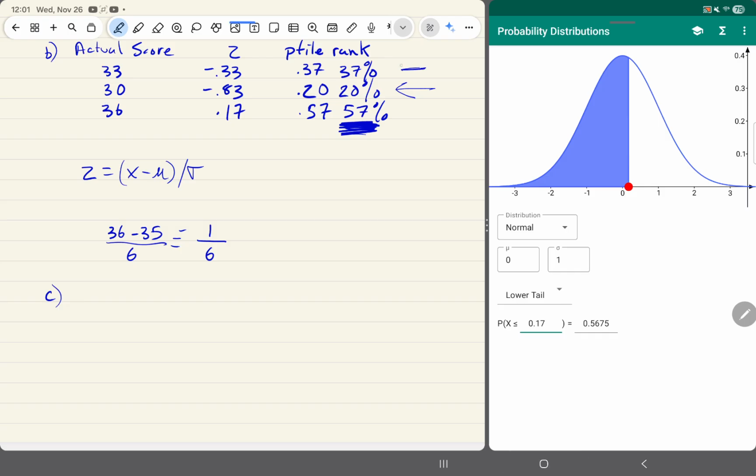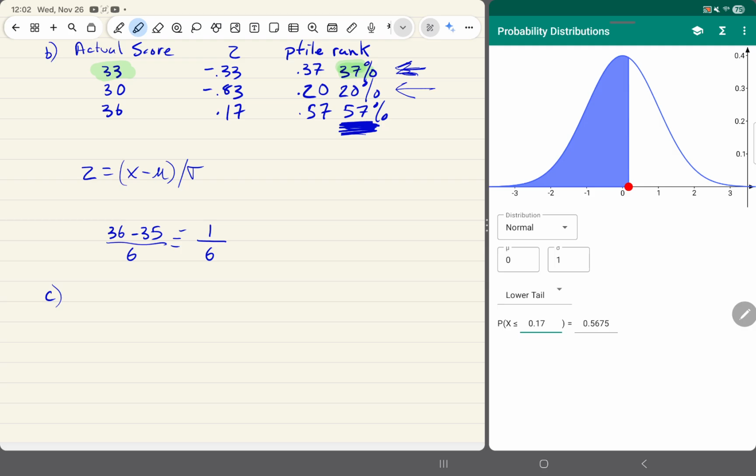And finally, this one over here, 37% of our students scored a 33 or less on the exam. Okay? So that's what's going on. What you need to remember to do is to make sure that you're looking at the lower tail to get the correct percentile rank value.